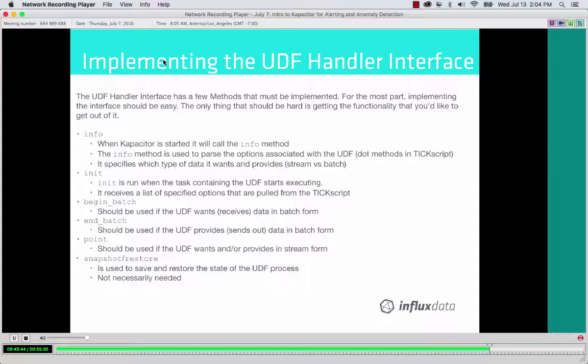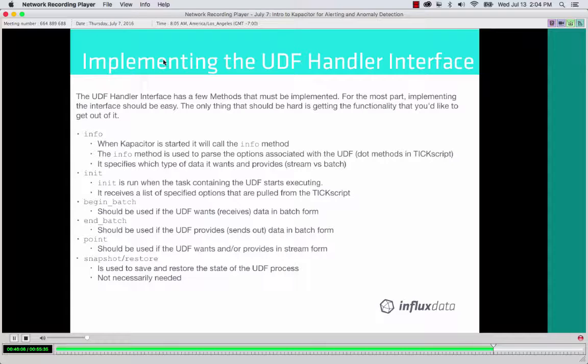The info method specifies what types of data this node wants or provides. Does it want a stream? Does it provide a stream? Does it want a batch? Does it provide a batch? Does it want a stream but provide a batch? All these aspects are defined inside of the info method.